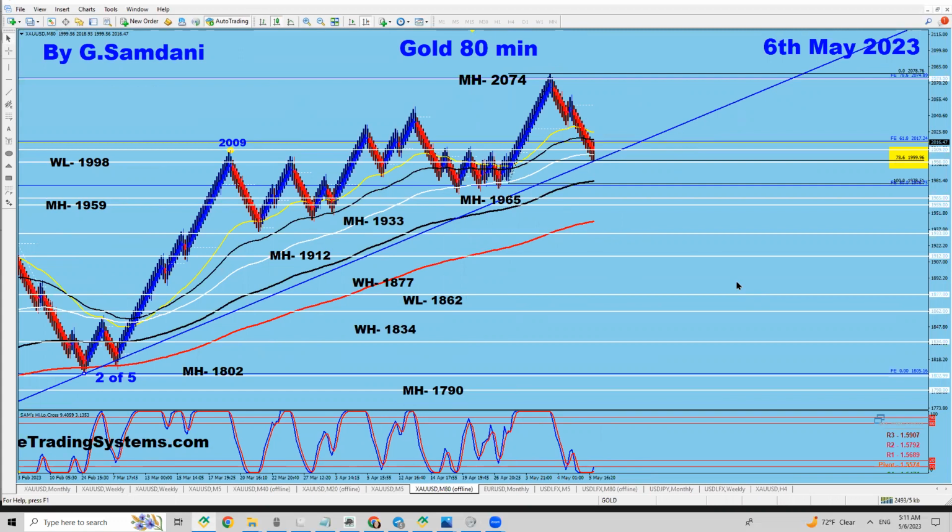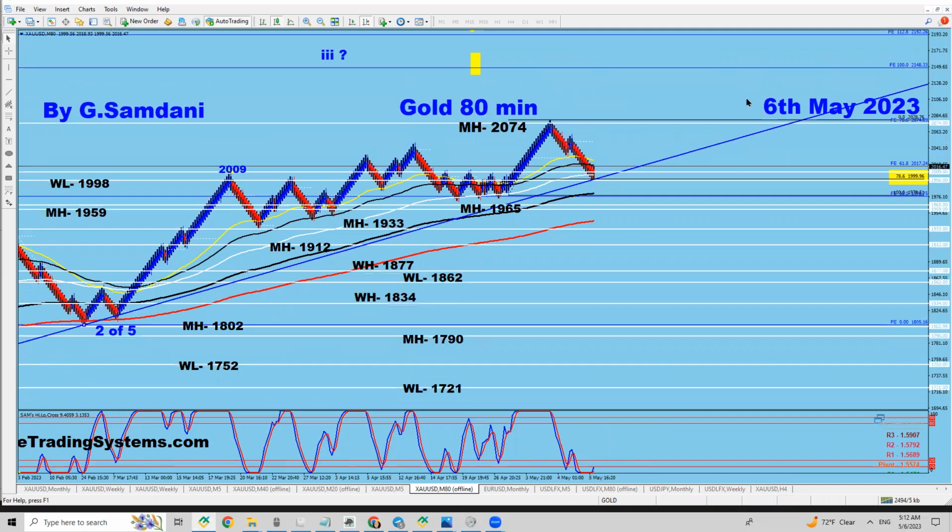And we are still up. The move is up and wave 5 is still underway, and we are going towards the target, bouncing from this 78% and this 1998. The next target would be again this high, 2074, or even higher towards these. 100% is 2148 and all of these numbers, right?